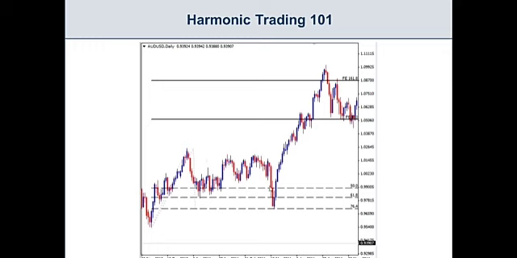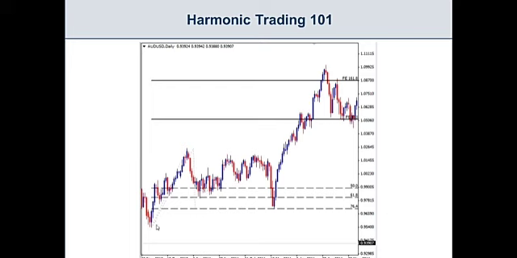And as you can see here, price tested the 76.4 level to the pip and then continued to the upside. And to draw the Fibonacci extension levels, we pick this low, this high, and then we finish with this low right here, right at the retracement level, to get the Fibonacci extension 1.13 and the Fibonacci extension 1.618.